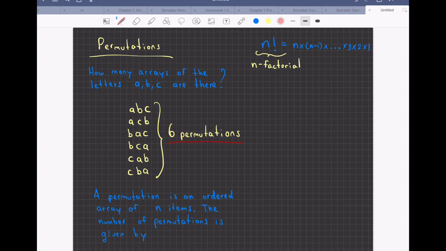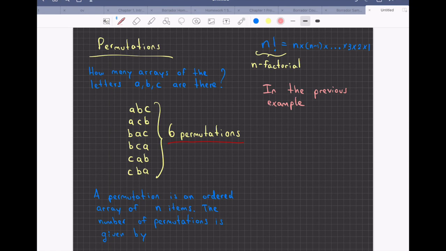In the previous example, notice we have 1, 2, 3 items. The letters are the items in this case.